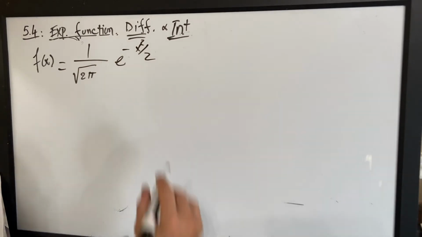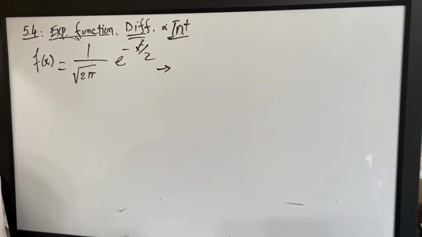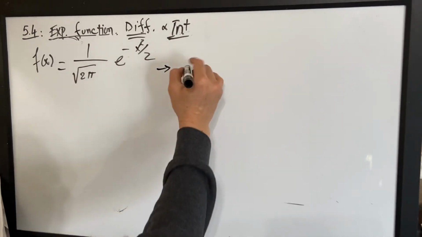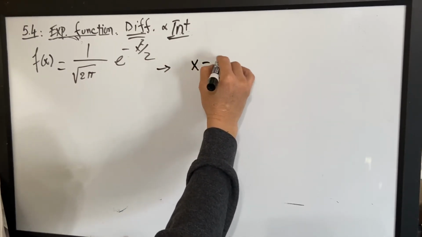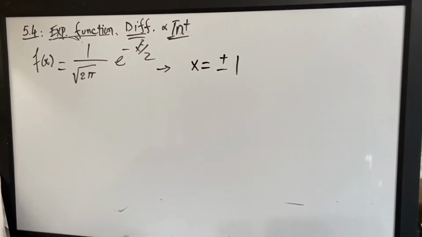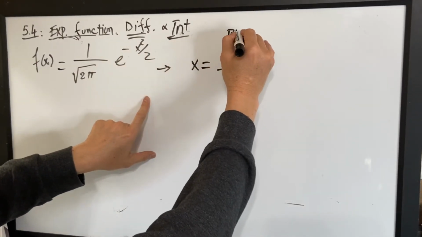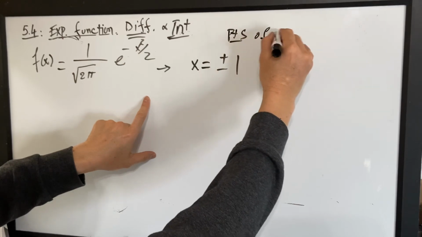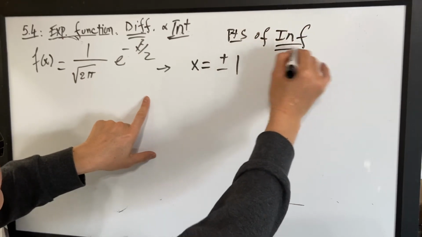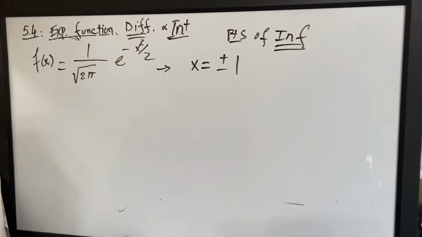They want you to show that this function has points of inflection at x equals positive and negative 1.